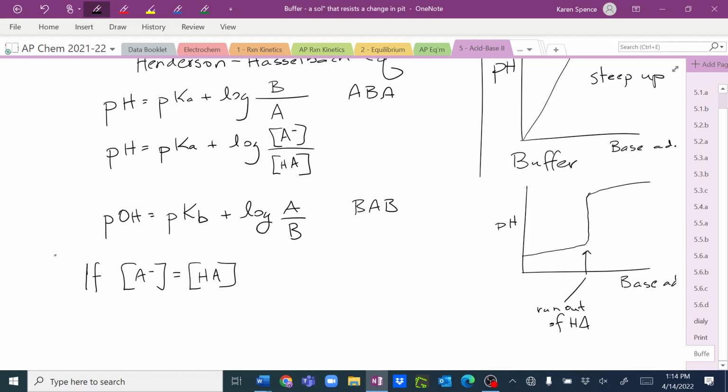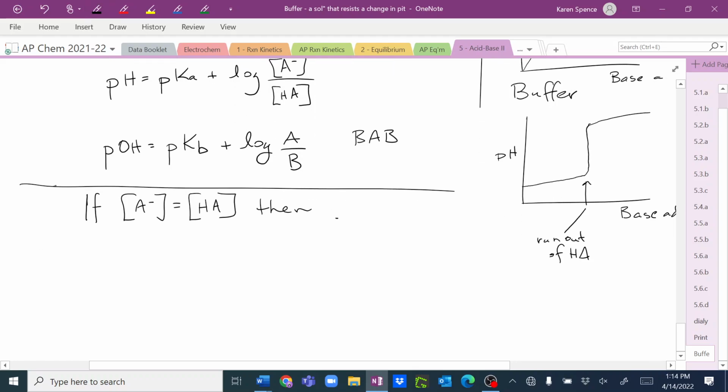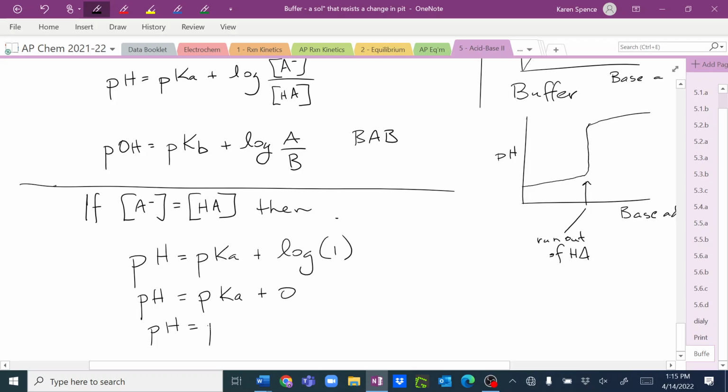So rather than it just being close to the Ka and the Kb, it actually is the pKa and the pKb. Okay? So if HA equals A minus, then pH is equal to pKa plus the log of 1, which of course is pKa plus 0. So pH is simply equal to pKa. Yes?